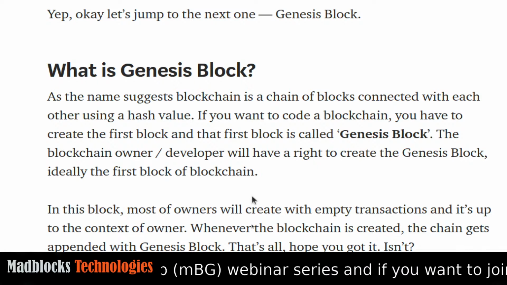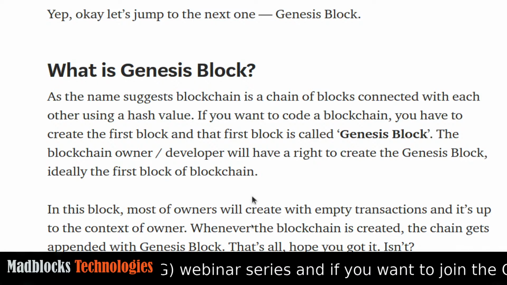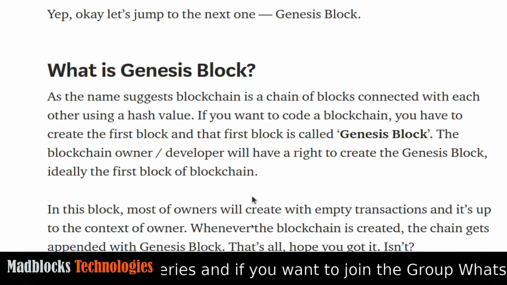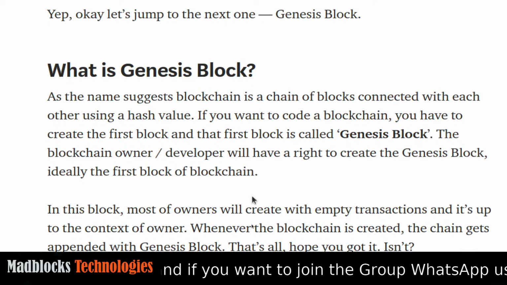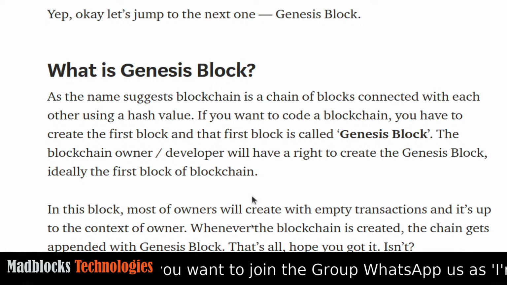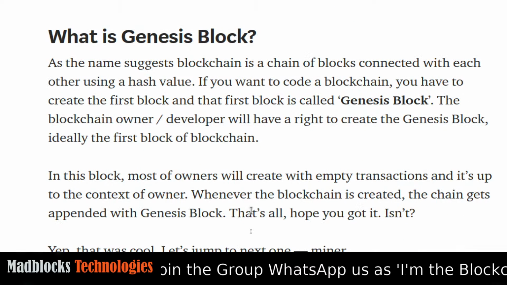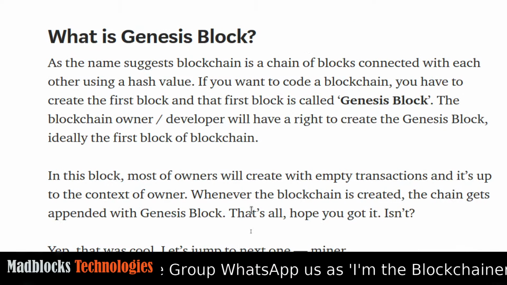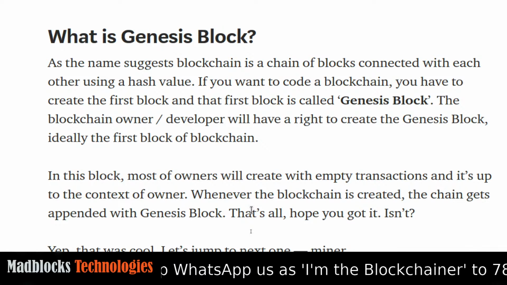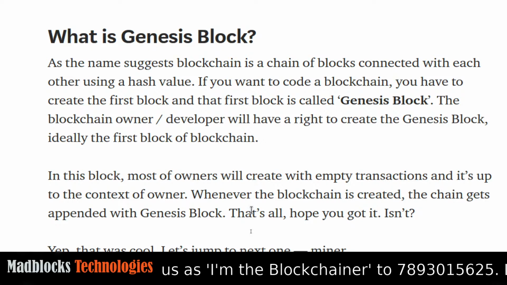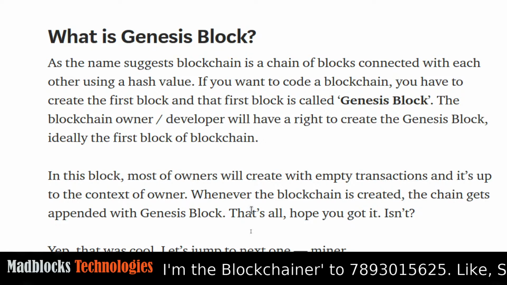Here the target is to create a blockchain from scratch, so that is why you have to understand all about the Genesis block. In this block, most of the owners or developers will create it with empty transactions, and it is up to the context of the owner. Sometimes people write empty transactions, sometimes they transfer some 25, 30 cryptocurrencies also.